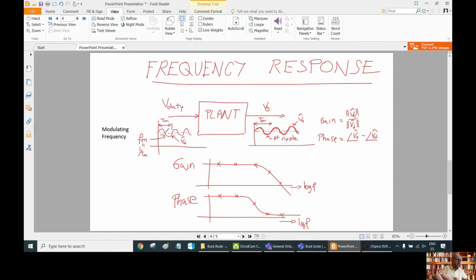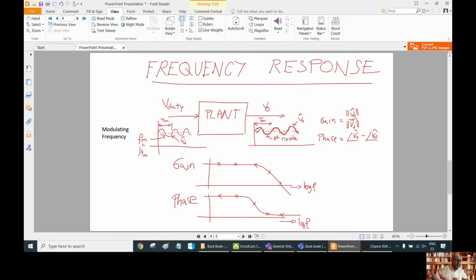When we inject this signal, what we are going to have at the output is also the same perturbation with the same frequency and with a given amplitude. We are going to name this VO. VO is just the AC component at the same frequency as the modulating frequency.